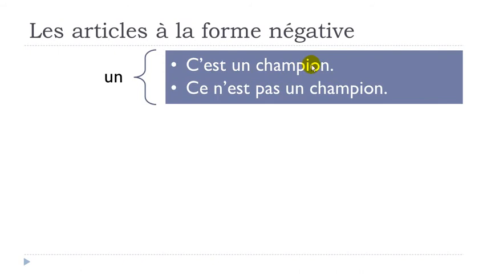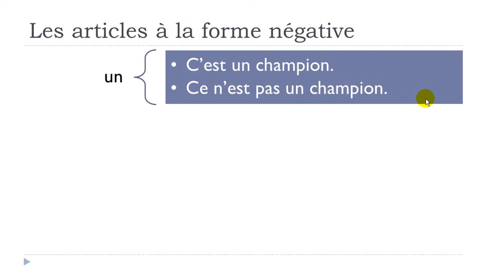Un champion, a champion. So c'est, this is, it is, un champion. And if you want to put the same sentence at the negative form, look, ce n'est pas un champion.